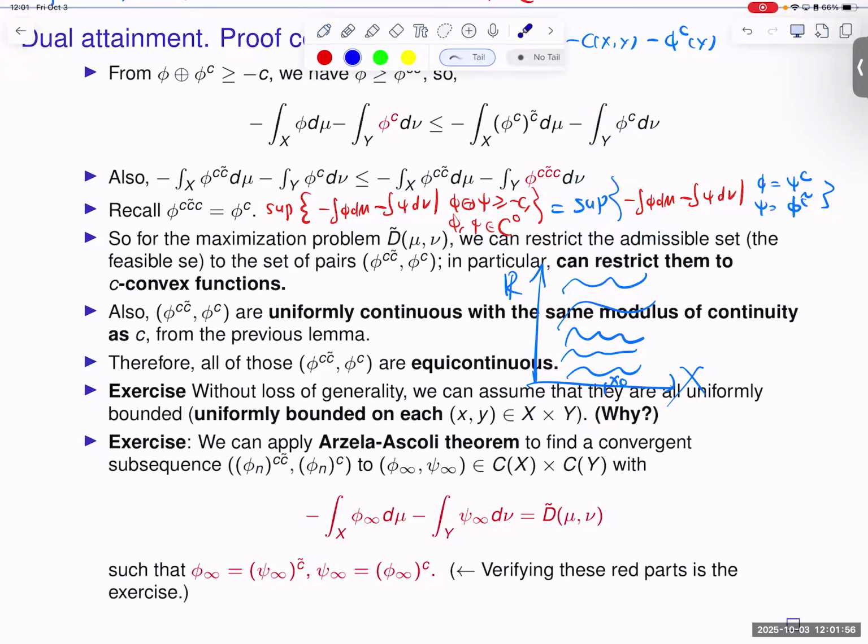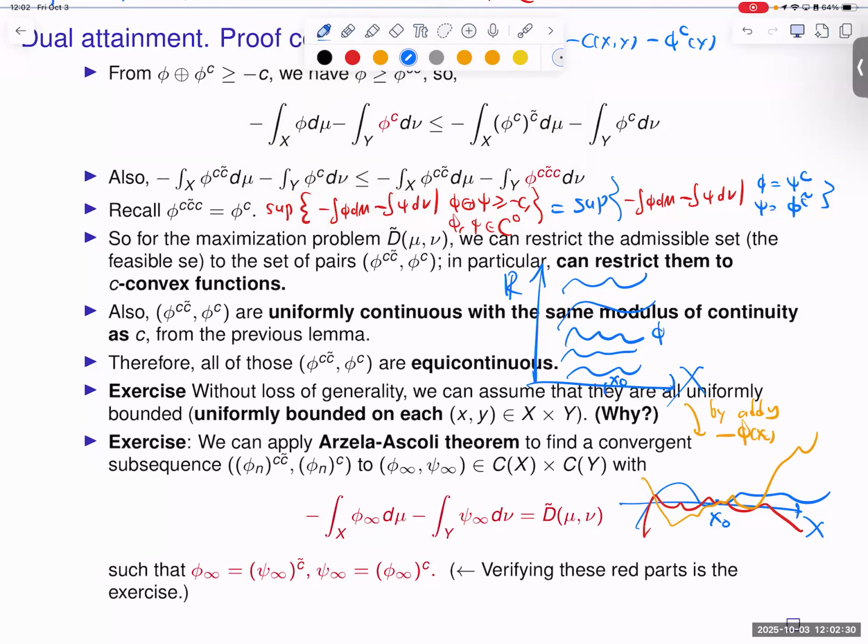So you can make everything, let's say, at x0 be 0. You will have some functions like this and other functions like that, all passing through this 0 point at x0, by adding minus phi(x0) for each phi.